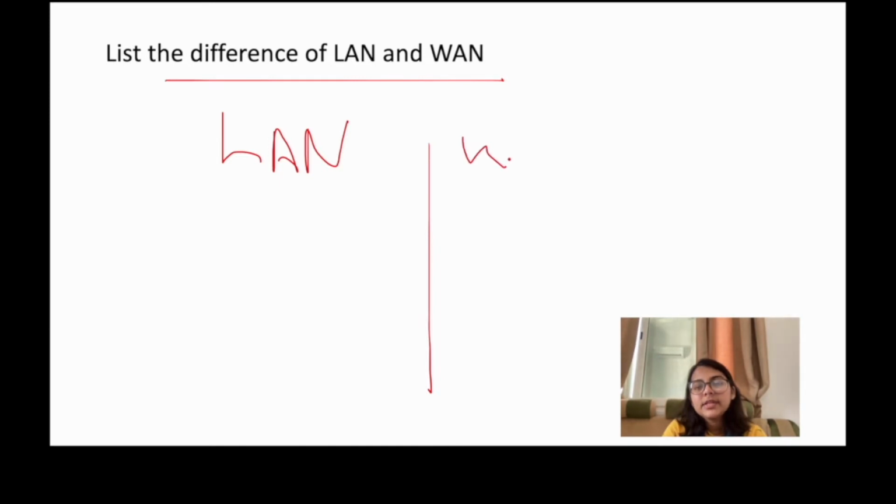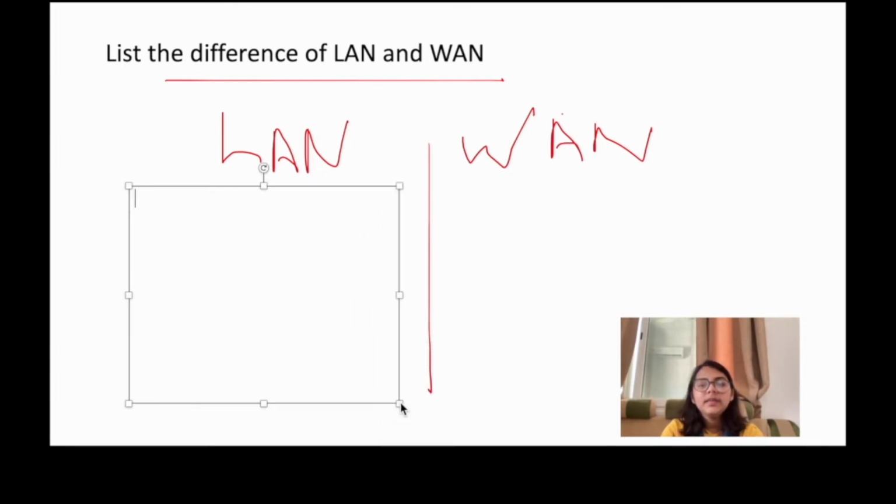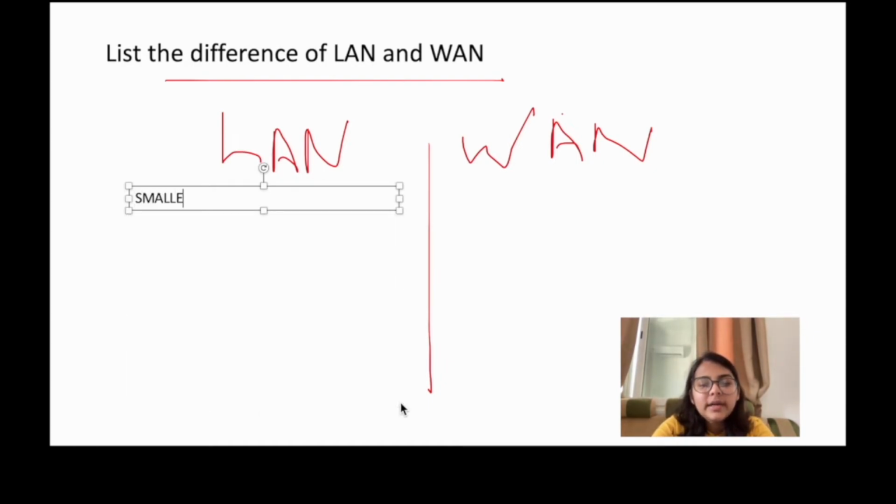First, tell me the full form of LAN. Yes, that is local area network. And the full form of WAN is wide area network. Then we can differentiate these two networks, students. LAN is a smaller network, and an example of LAN is a computer lab.